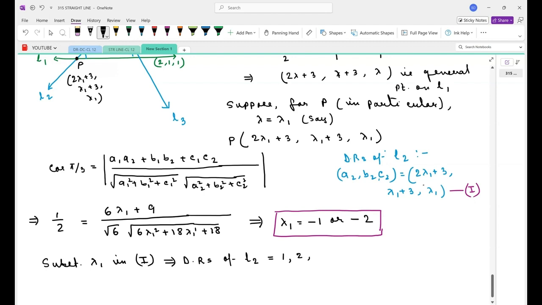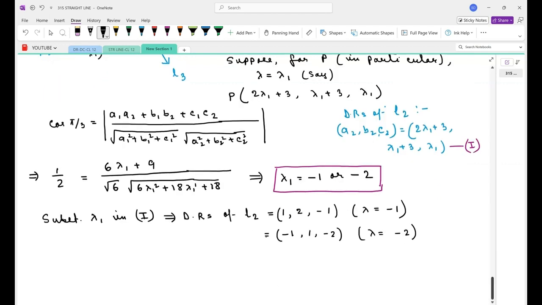And lambda 1 minus 1, so minus 1. So 1, 2, minus 1. This is when lambda equals minus 1. And when lambda equals minus 2, the values will be minus 2, minus 4. So it will be minus 1, 1, and minus 2.